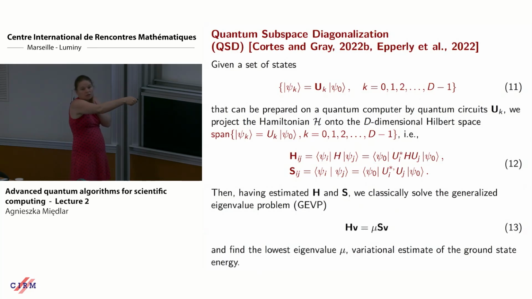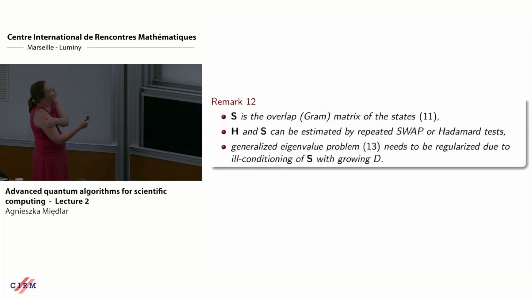No, you can give them on the fly. We'll go into the procedure of how it's constructed in practice, but you have to be able to get access to those entries, and we'll see how this is done using the qubitization idea, actually. Okay, so the remark: S is the overlap matrix.